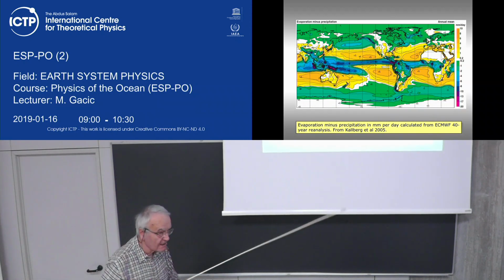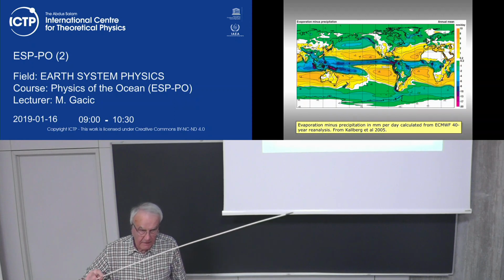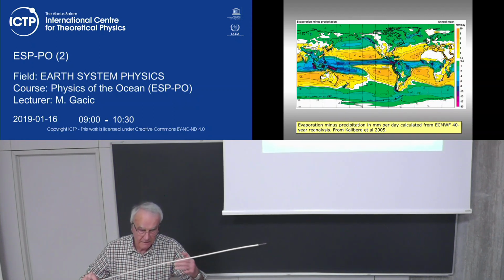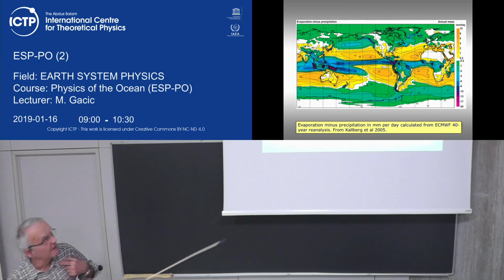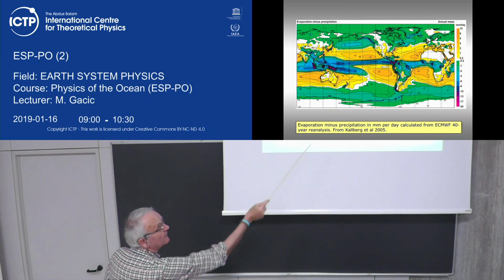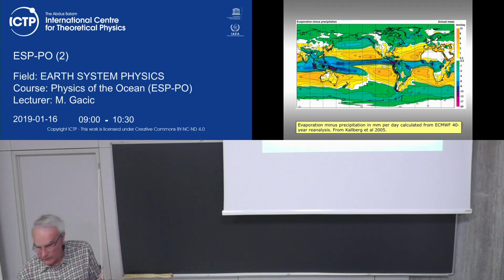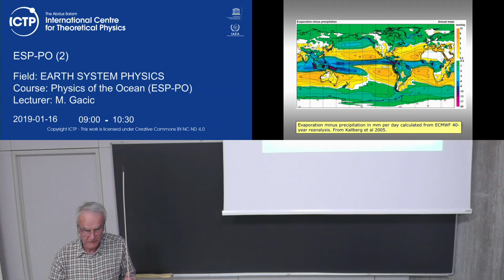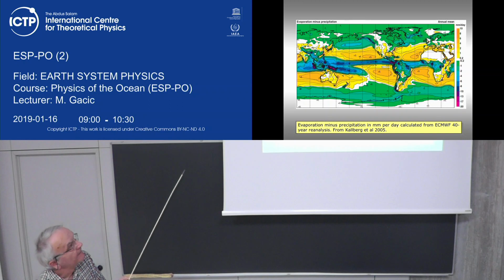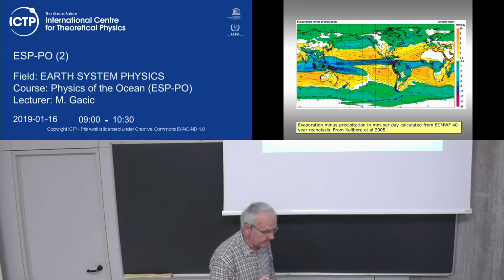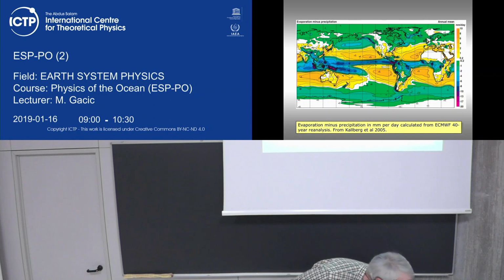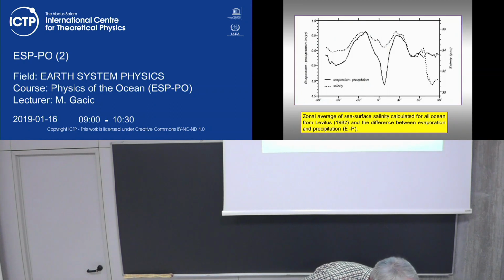So this small feature, the higher salinity, which we would not get looking only at evaporation minus precipitation, is probably due to the horizontal transport of salty water from the south. Okay. So this is evaporation minus precipitation. Your second question was considering the temperature.